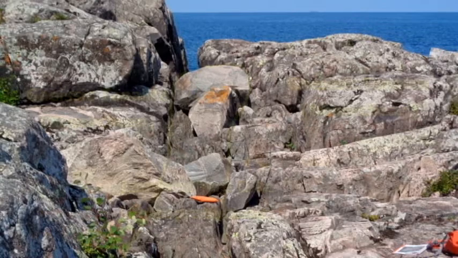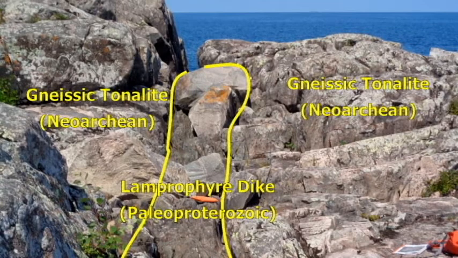I'm not going to talk about them in detail here because that's a talk for another time, but this is also Little Presque Isle, and we have a lamprophyre dike, which has been dated at Paleoproterozoic, surrounded by gneissic tonalite, Neo-Archean. So lamprophyres are really cool rocks, and I will eventually do a video on them, just not right now, because they don't plot on a QAPF diagram.